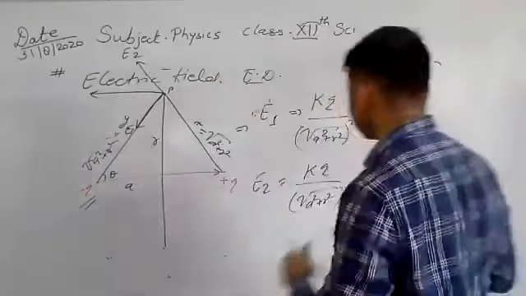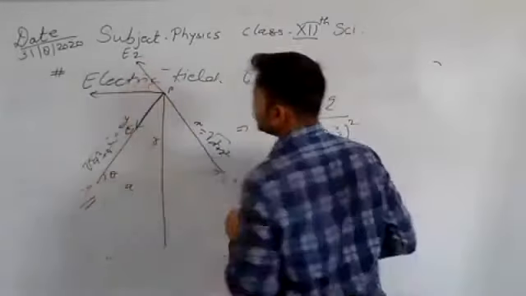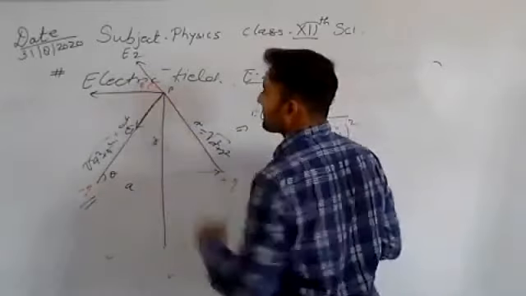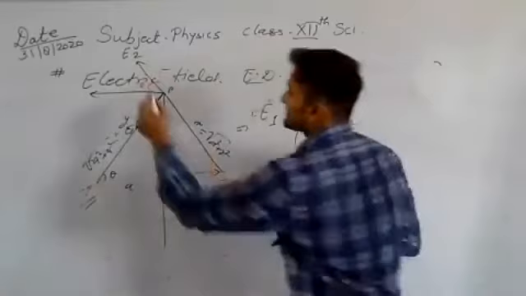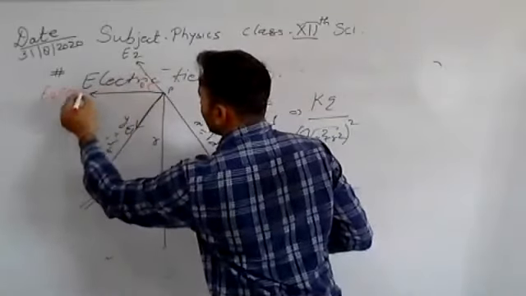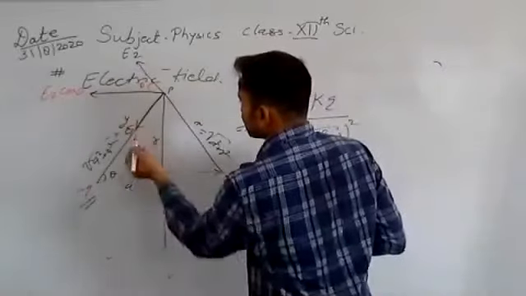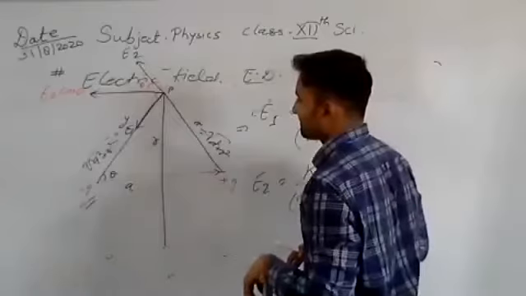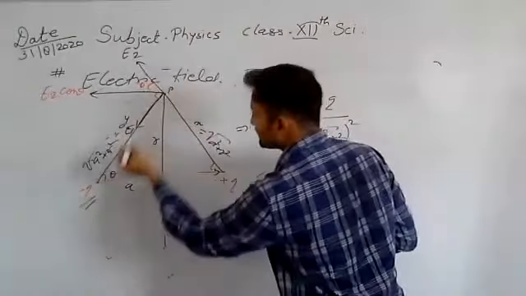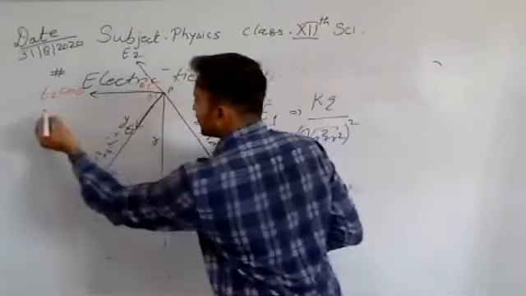Now, let us say if this is theta, this is also theta. So I can say in this direction it will be E2 cos theta. And this is theta, this is also theta, because of this is theta and because of this alternate angle, this is theta. So E1 cos theta.